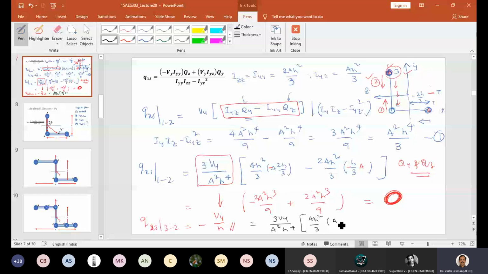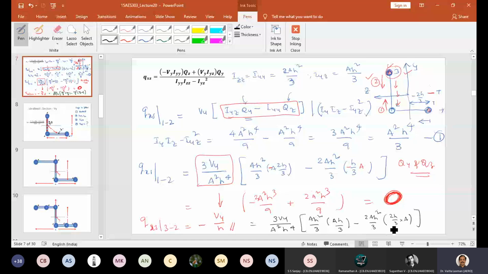Z. Q into h by 3. Right? Minus Iyy is what? Iyy is 2ah square by 3, that's also positive. So positive, but it is 2 times 2h by 3 into area.